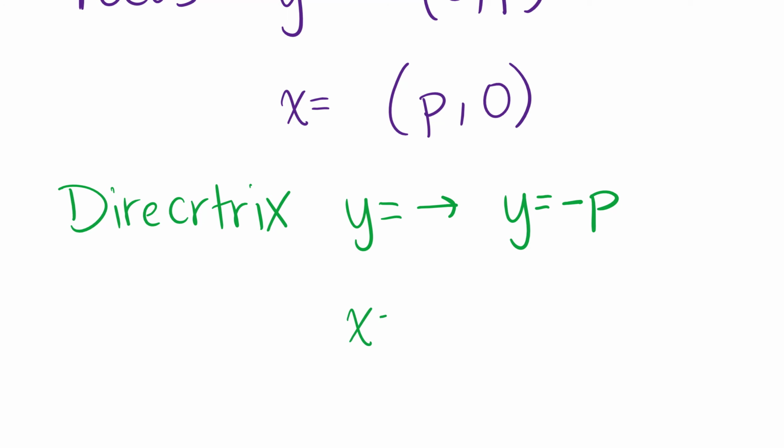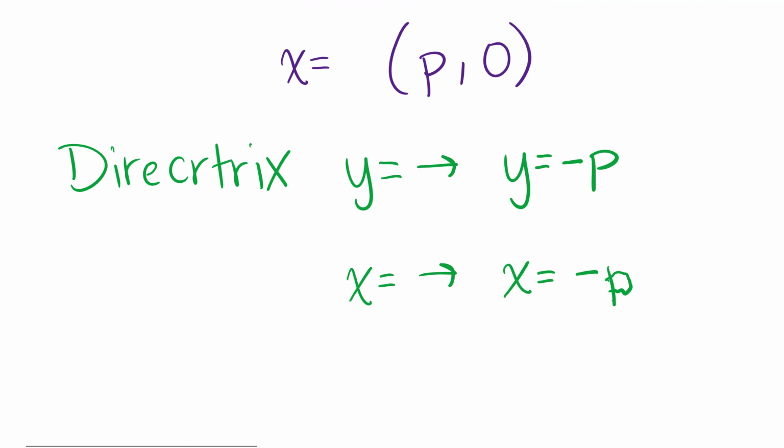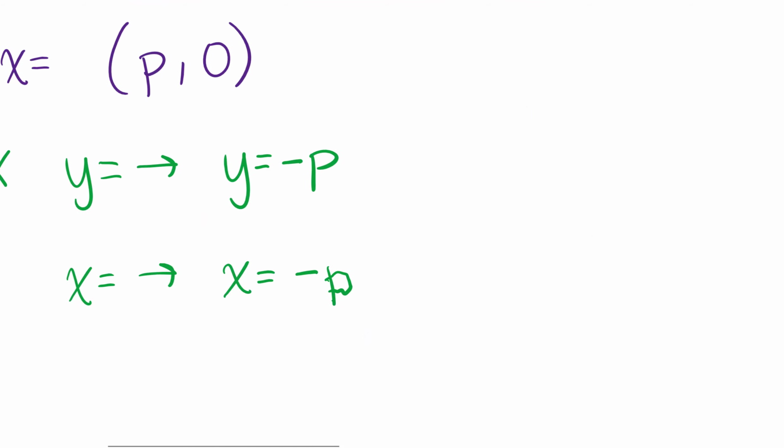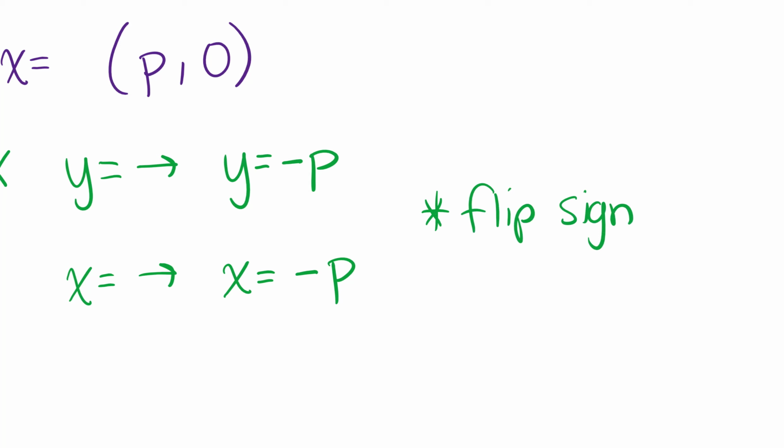And if I have an x equals equation, my directrix is going to be x equals negative p. Again, the negative just means I flip the sign. So if you want to write that, you can: flip sign of p. However you want to remember it, it's up to you.